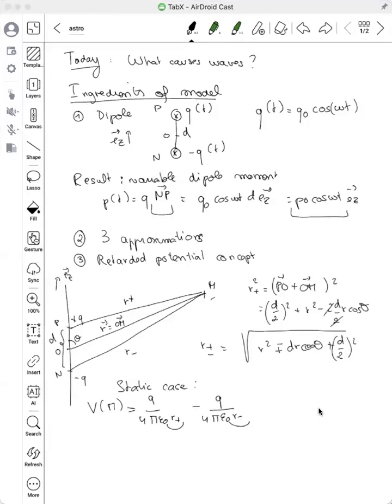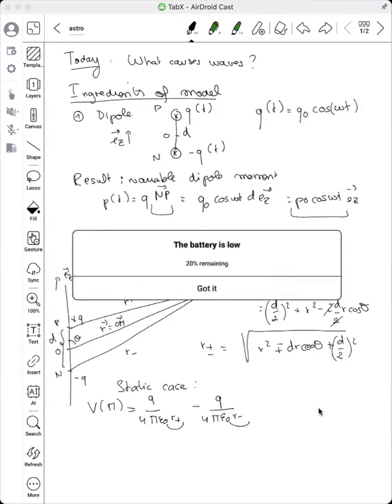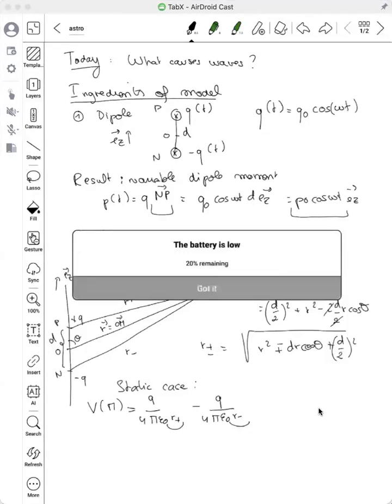Now, there will be two things that are very different from the static case. Okay, so there will be two differences from the static case.